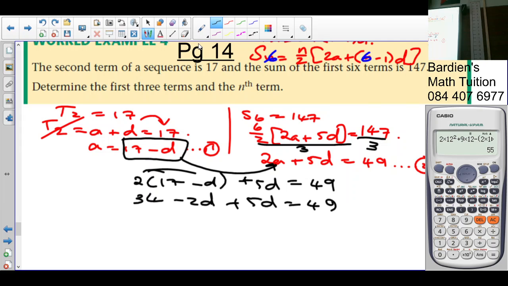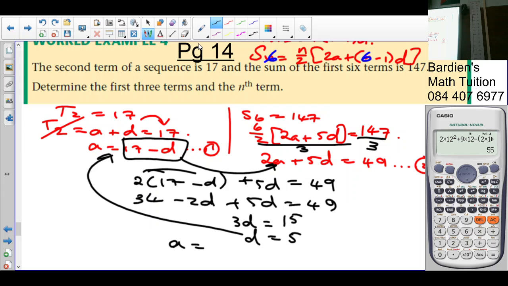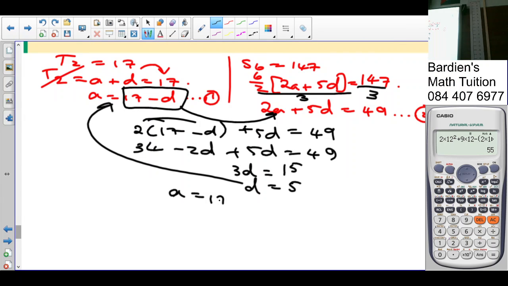So minus 2D plus 5D is 3D, equal to 49 minus 34, which is 15. So D works out to be 5. Have I answered the question? No. I need to know A as well. So that will go into equation 1. A is equal to 17 minus 5, which is 12.